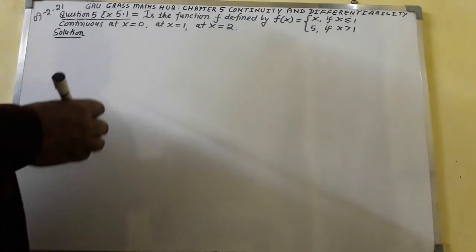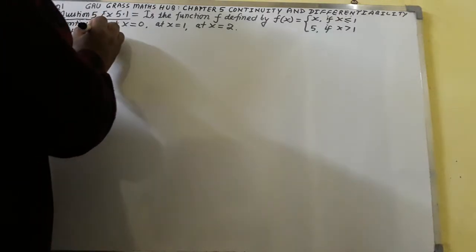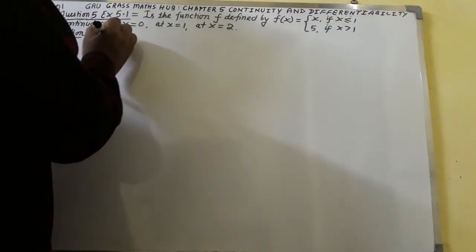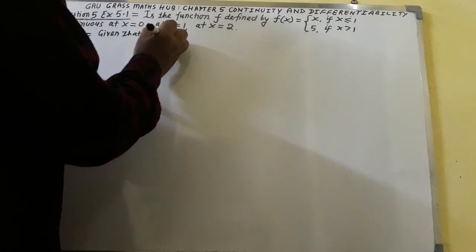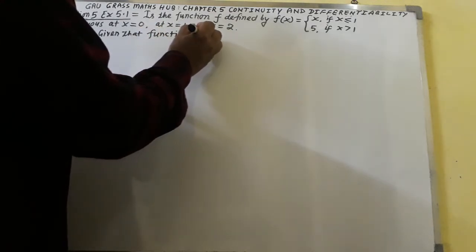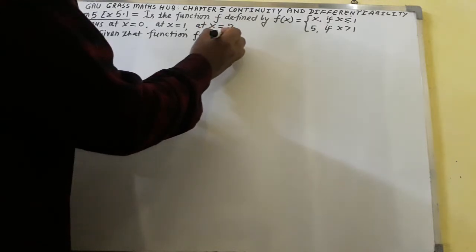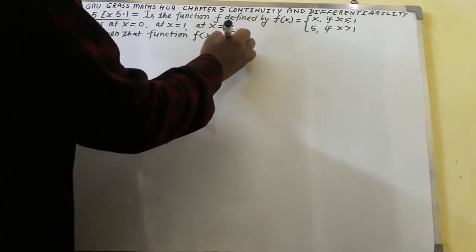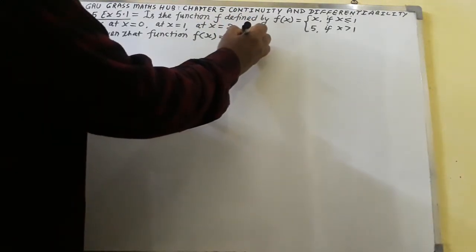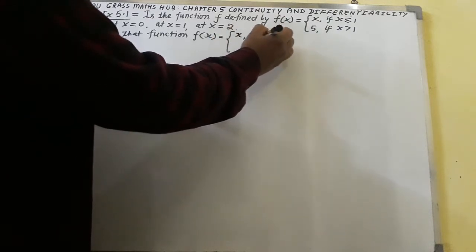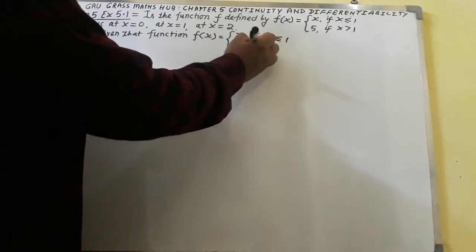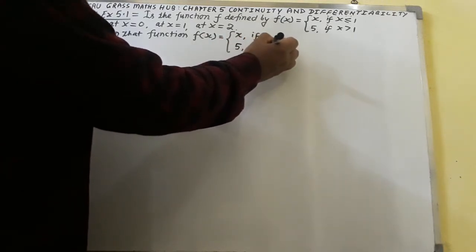Solution. Given that the function f of x equal to, open curly bracket, f of x equal to x, when the condition is x less than or equal to 1. f of x equal to 5, when the condition is x greater than 1.